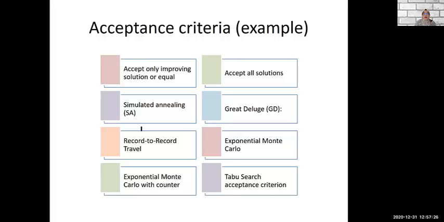Similarly for record-to-record travel, exponential Monte Carlo with counter, and tabu search acceptance criteria. I hope that you have learned this in the previous lecture.